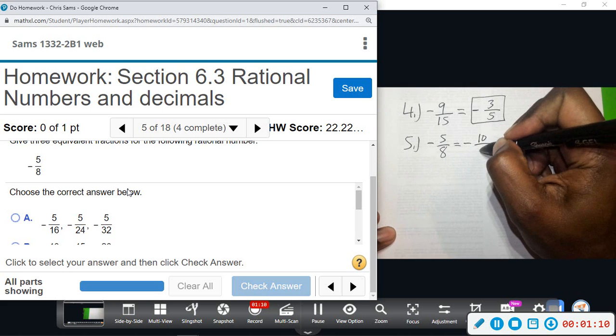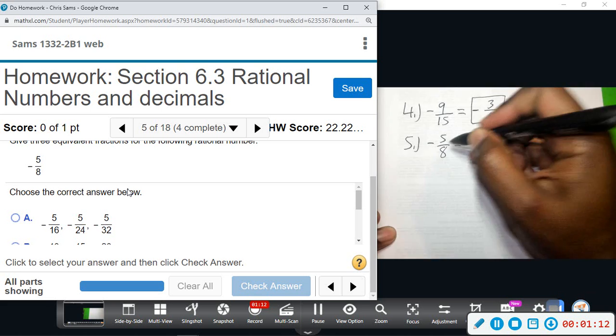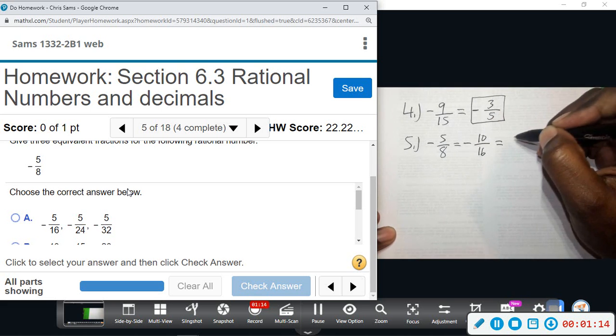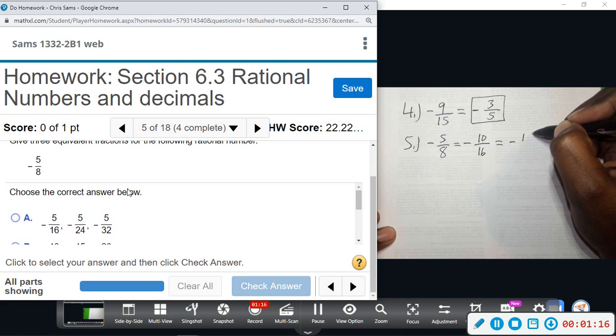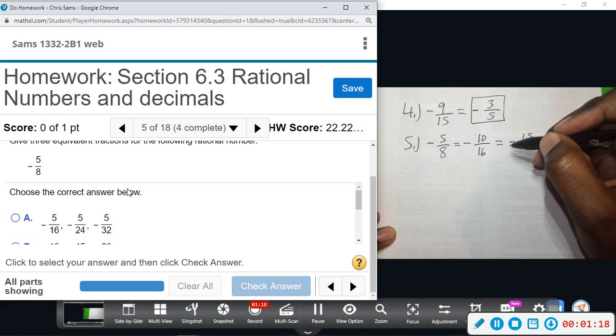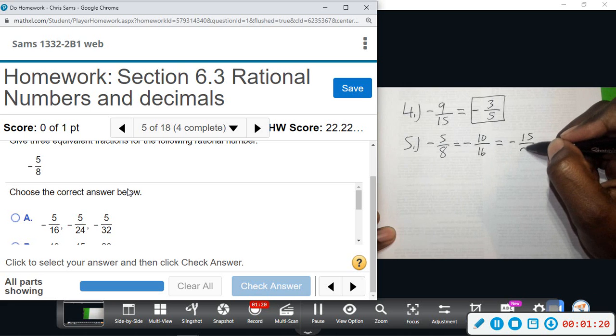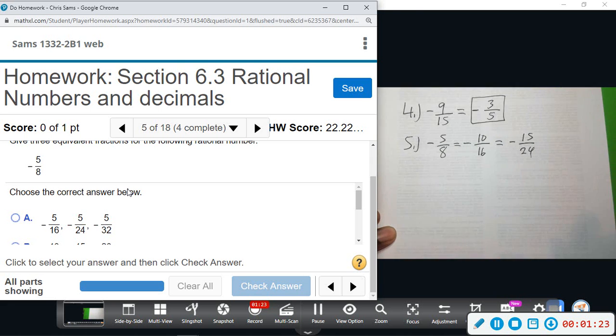Multiply by 2, that would give me 16. If I multiply by 3, that would give us 15/24, because 8 times 3, you're always looking at the original one. And if we multiply by 4, 5 times 4 is 20, and 8 times 4 is 32.